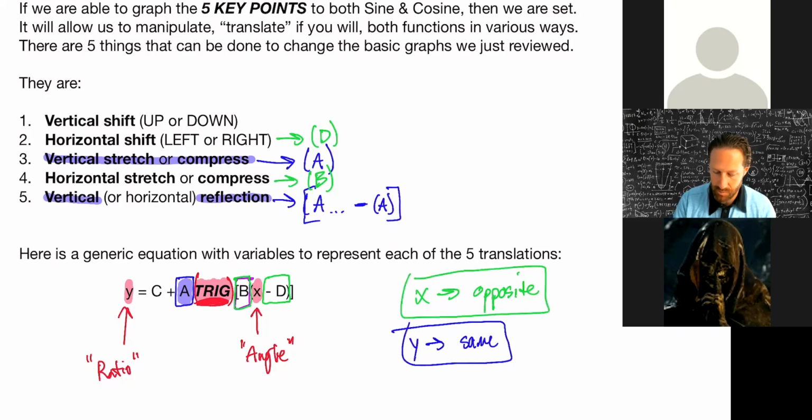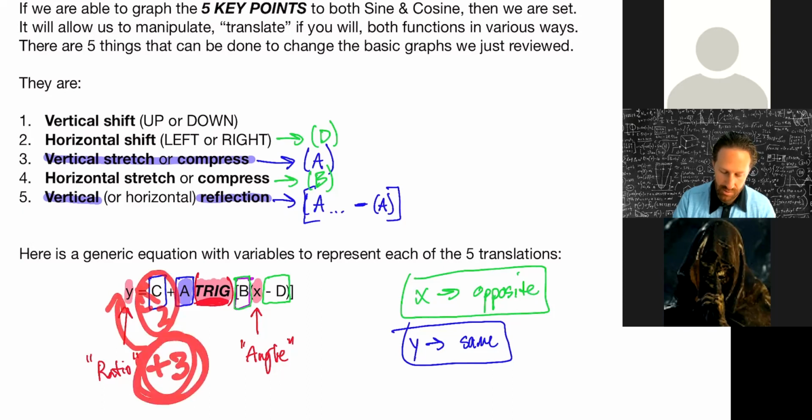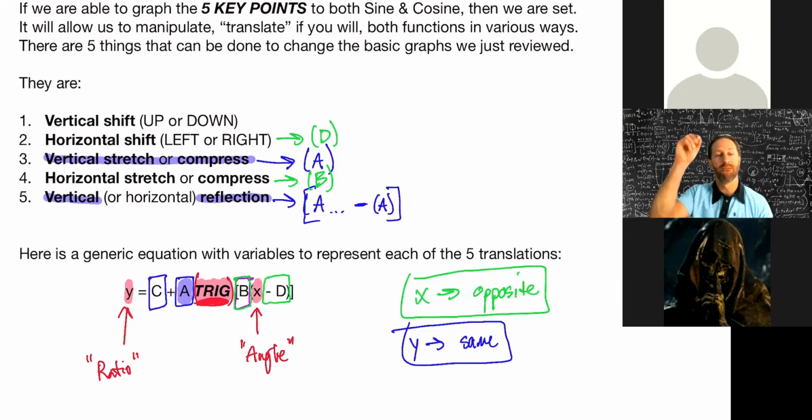All right, so the last thing that we have to talk about is the C, which, as you notice, they could have put it here, but they don't want it to seem like it's involved with the X stuff. So that's why they usually put it in front. And again, if it's a -2 or a +3, you're going to do exactly what that says to all of your Y values, which if you add 3 to every Y value, that is going to be a vertical shift up if it's positive, down if it's negative.